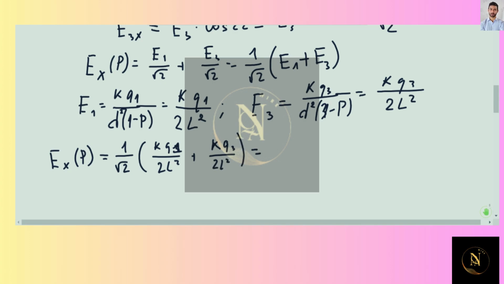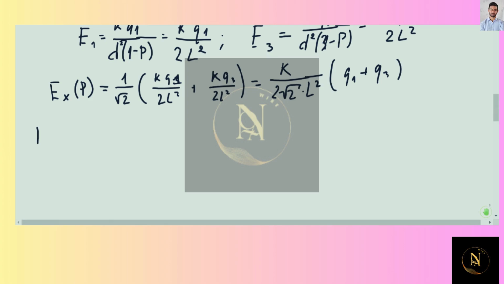So it equals K over 2 square roots of 2 multiplied by L squared, multiplied by the sum of Q1 and Q3. Let's calculate this number.